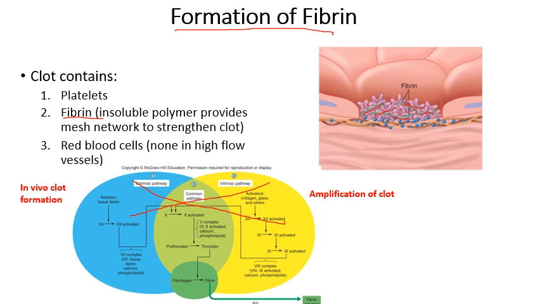Okay, this gives the platelet plug much strength. So if this is high flow, it won't wash it away. It'll keep it plugged in there. So that gives us our vessels, and as the cells repair each other, then that scab can go away.